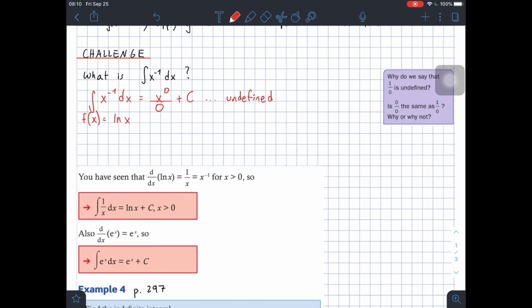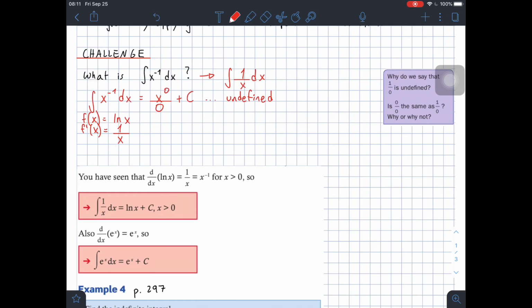So for this particular integral, you should remember that when f of x was natural logarithm of x, the derivative of this function was 1 over x, if you remember from derivatives, right? So that means that if I integrate this expression, which is exactly x to the power of -1, remember that x to the power of -1 is the same as saying 1 over x, right? So if my function is 1 over x and I want to integrate this function, I should get as a result natural logarithm of x.